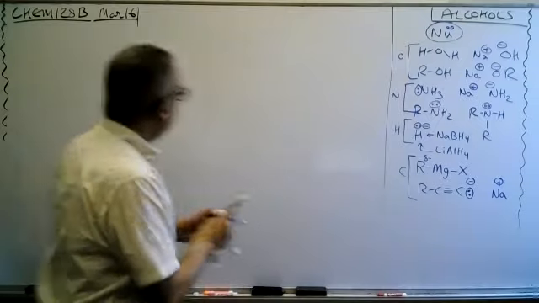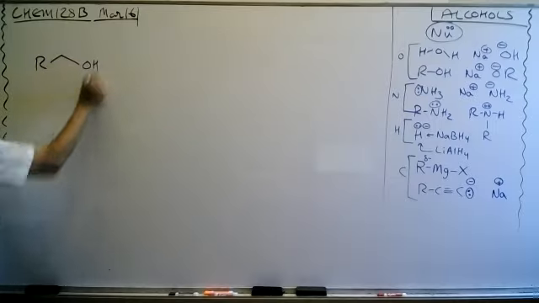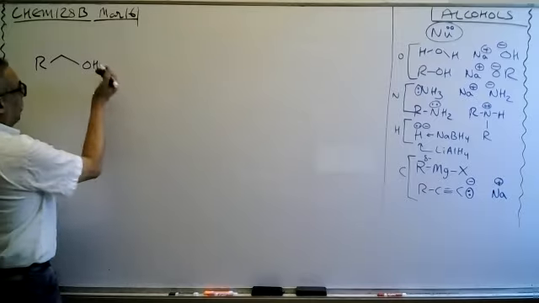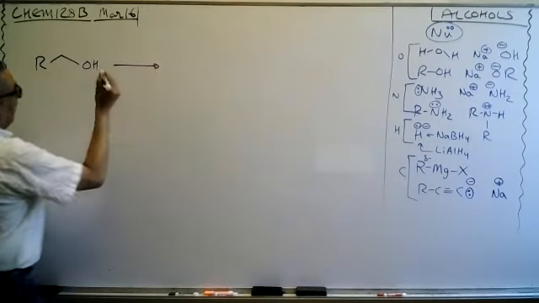All right, that's it. So now we start with an alcohol. Let's say RCH2OH, that's a primary alcohol representation. And how do we use this molecule to do an SN1 or SN2 reaction? Well, you can't just use it.